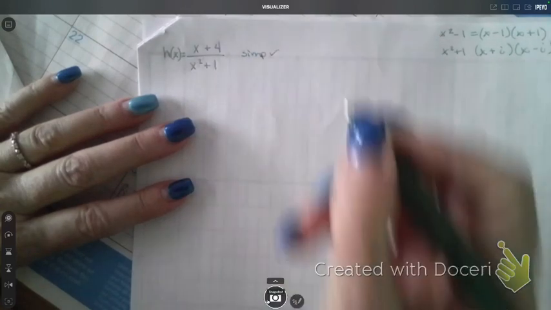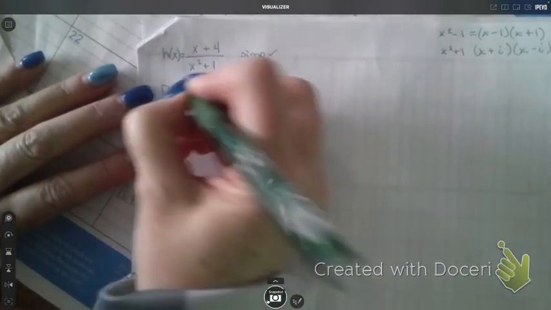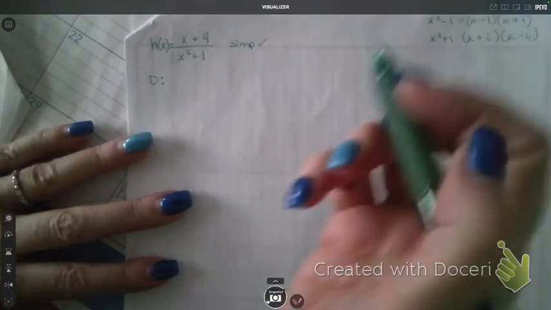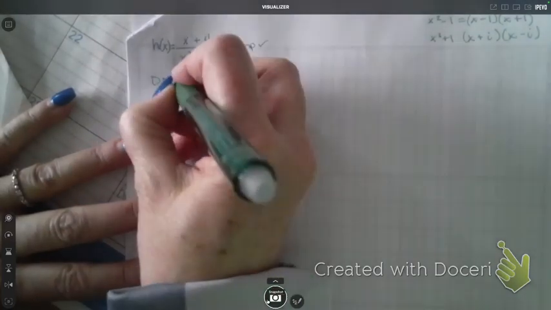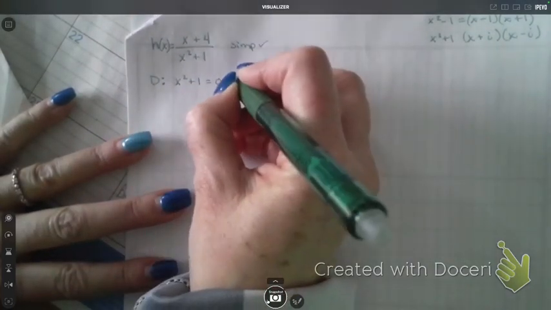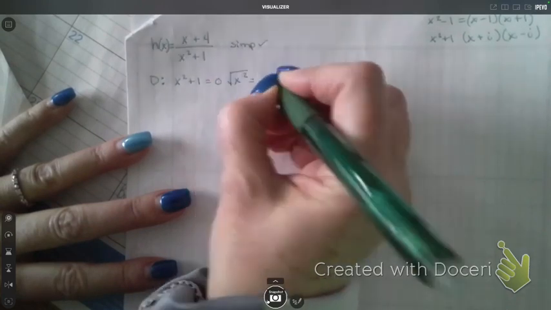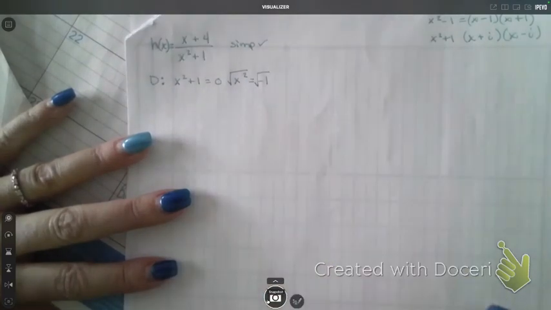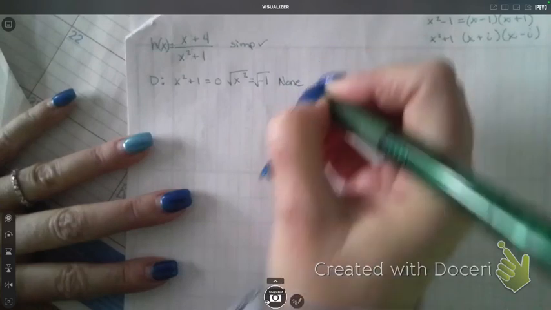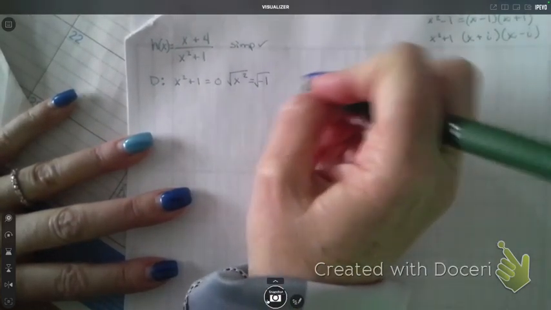What's next? Domain. How do I get the domain? You can find zeros as factor denominator. Okay, so I have x squared plus 1 equals 0. So that would be x squared equals negative 1, and I take the square root. Is that real? No. Sorry, it's not real, though, right?